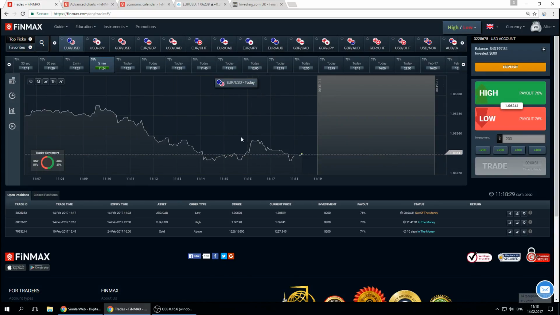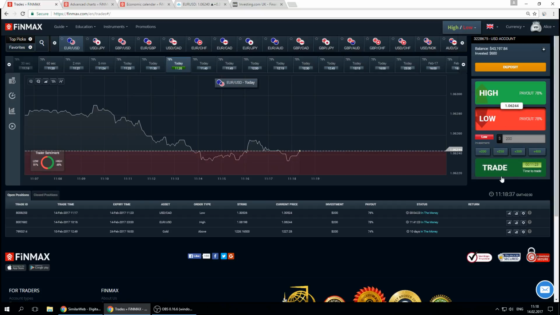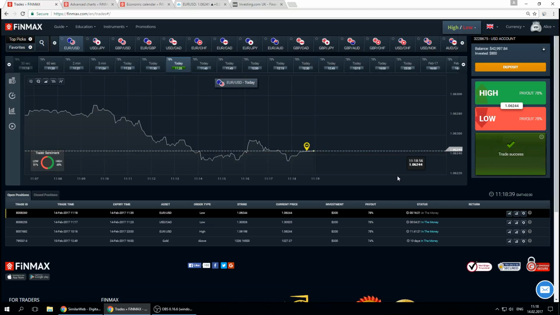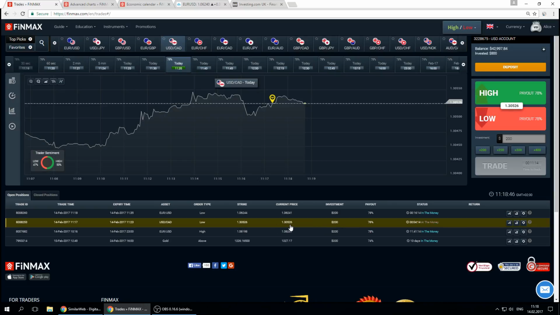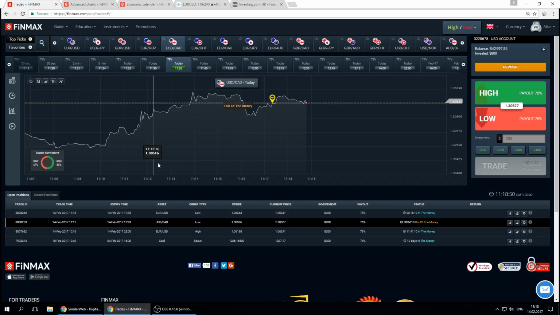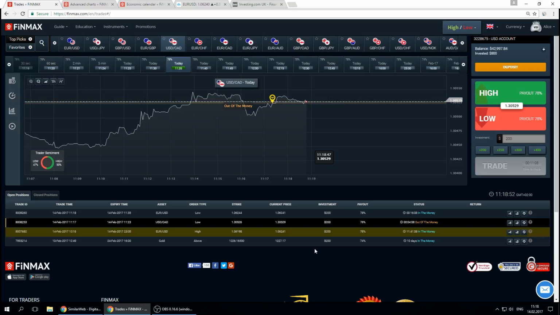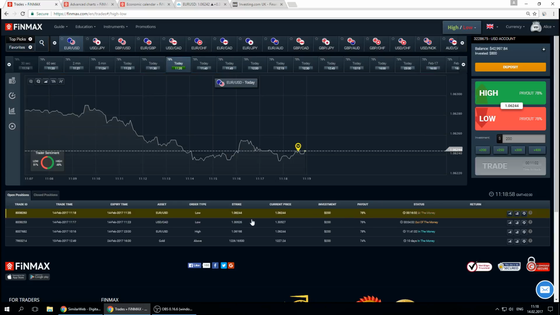Okay, we have 11:18. We need to open the trade that will expire at 35 minutes. So let's go. So we have opened 2 short-term trades based on this approach, and in a couple of minutes we're going to see how this one works out for us, and this one as well.